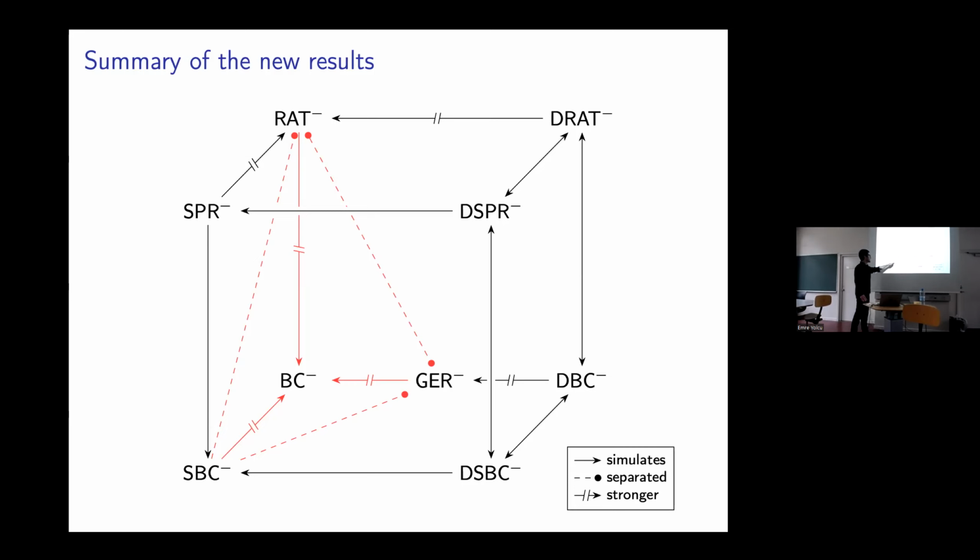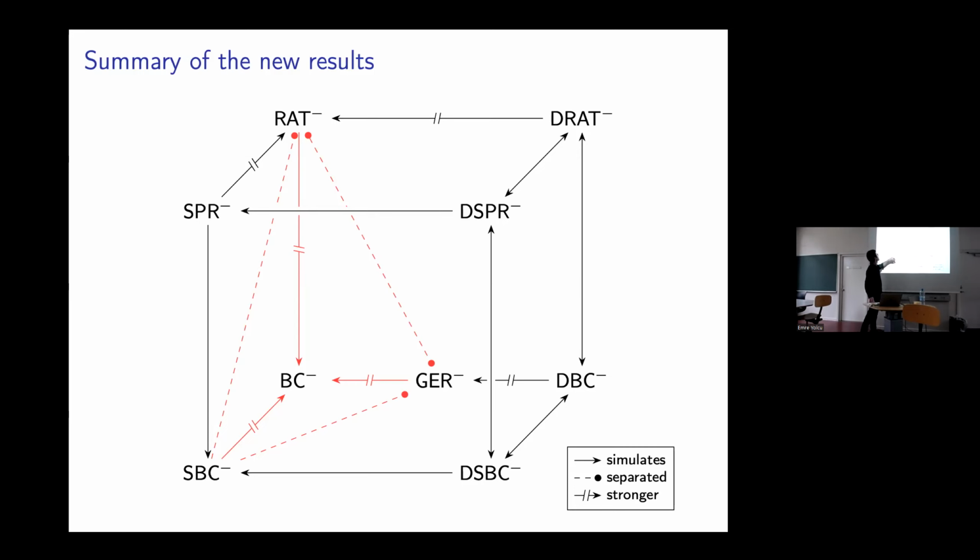Then this z-axis is where you say, instead of looking at a distinguished literal that I'm going to flip, how about multiple literals? So for instance, from BC minus, you go to SBC minus by saying, okay, instead of that distinguished literal, I will look at a set of literals that I'm allowed to flip. And I will also say that the clause that I'm checking at the end is either tautological or something.